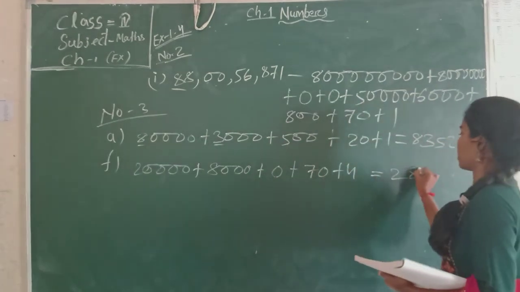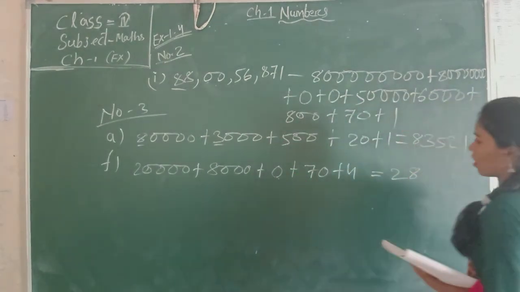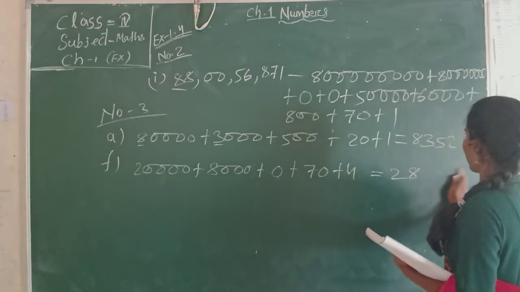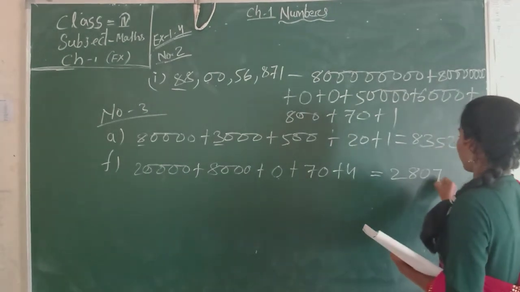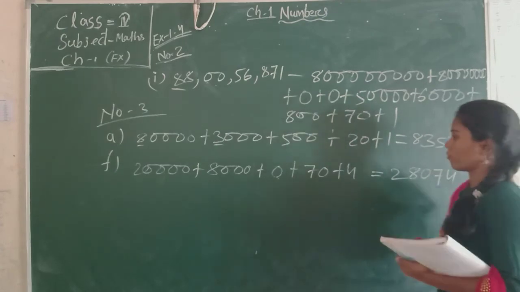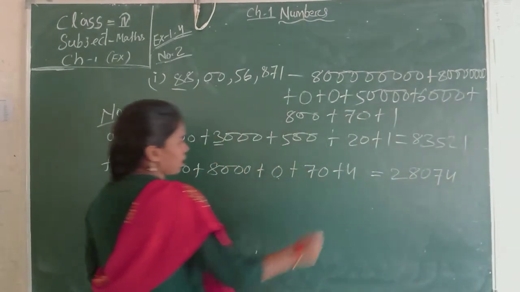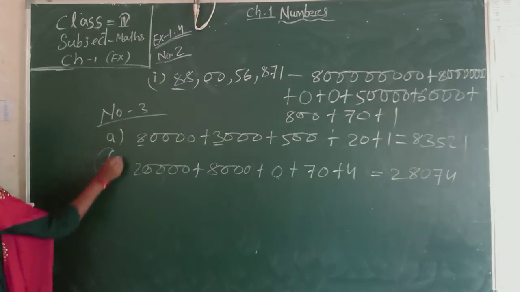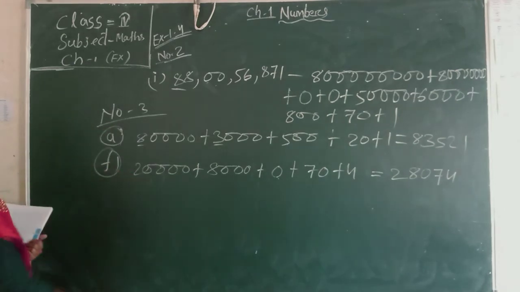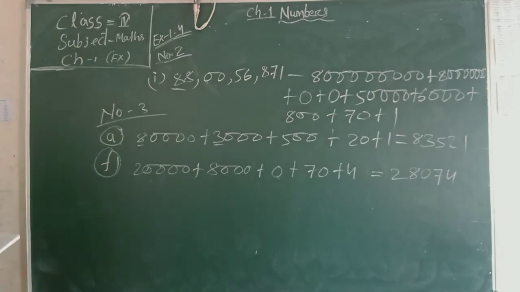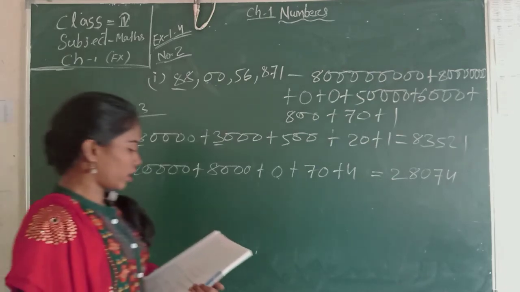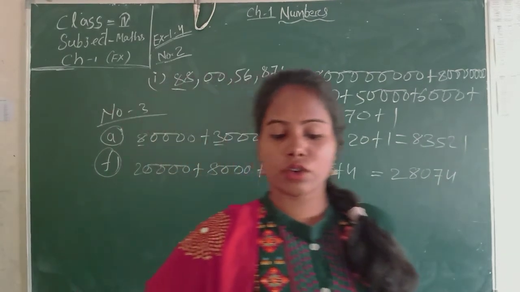Next is 8, and in this place there is no other digit, so you have to write 0 here, next 7, next 4. This is the number for this expanded form. Okay. So students, in this way do other numbers by yourself.